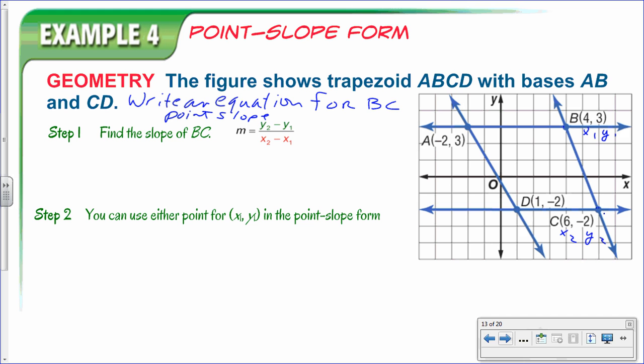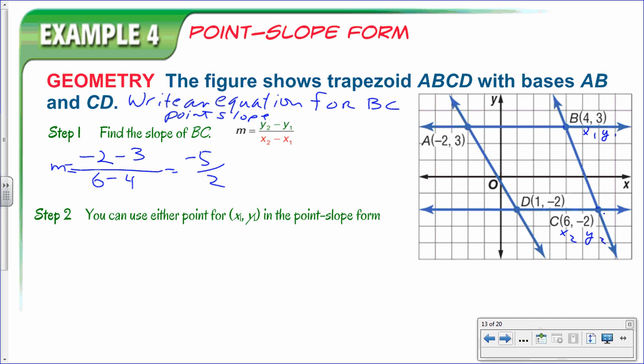Okay, so -2 minus 3. Okay, so the bottom is what? X2, minus 1. Okay, so where are we at? -5 over 2. Okay, so that's my slope, right?